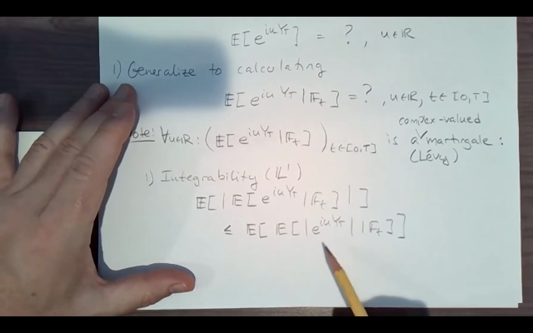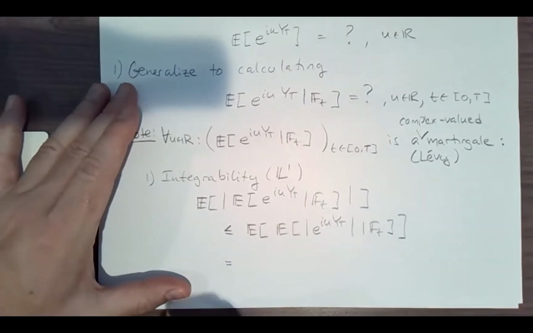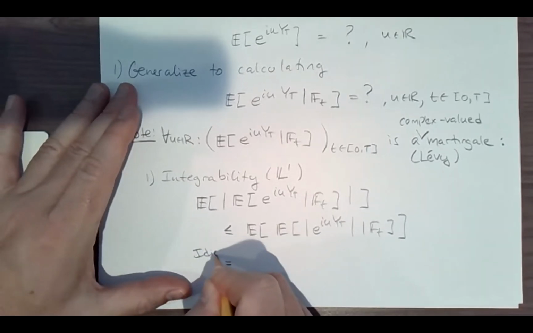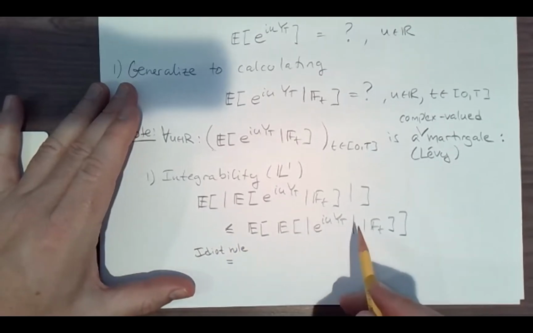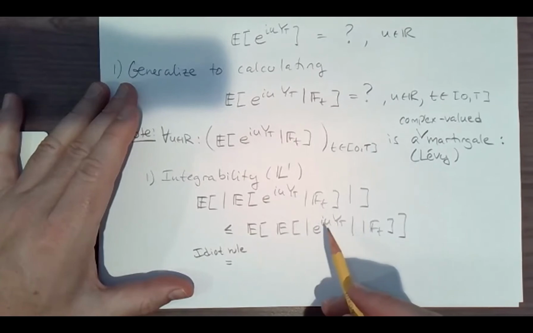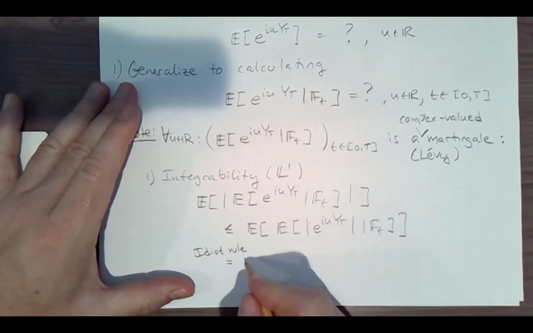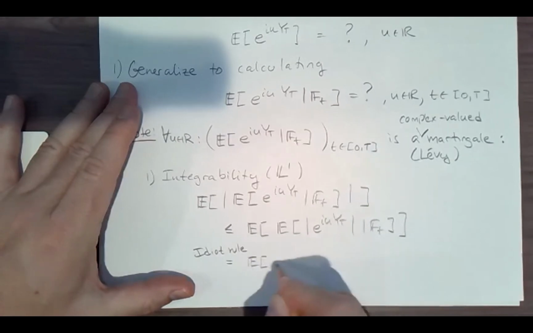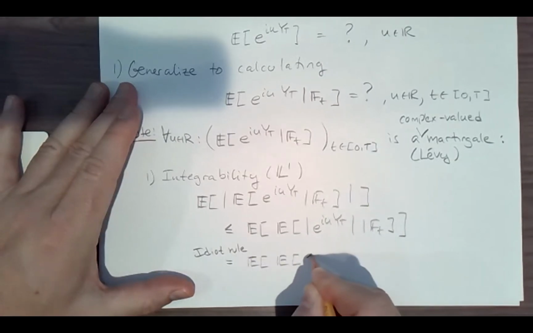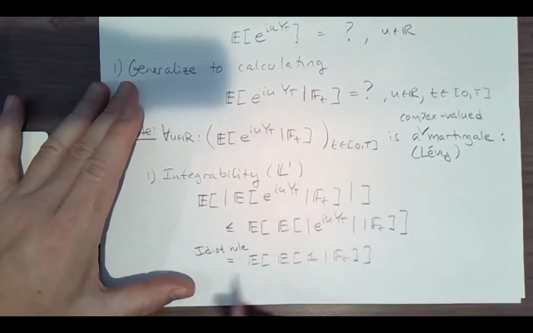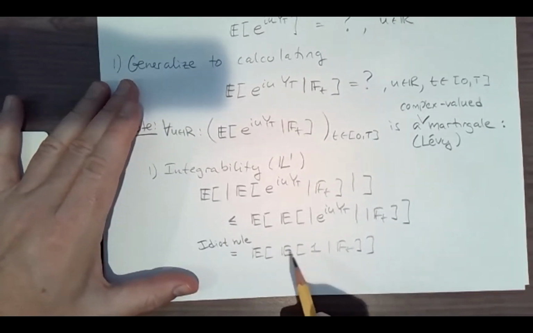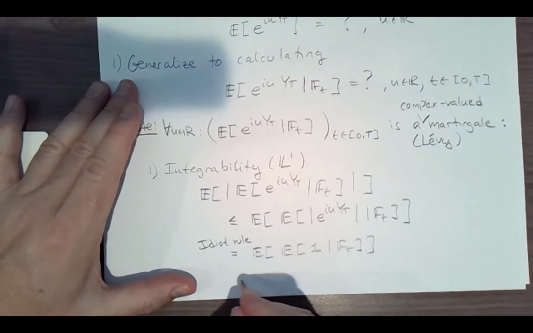And then we'll use the idiot rule. The absolute value of this exponential here, we know what that is. It is exactly equal to 1. So then I'll have the expectation of the conditional expectation of a 1 given F_t. But the conditional expectation of a 1 is a 1, the expectation of a 1 is a 1. So this here is equal to 1, and this is finite.